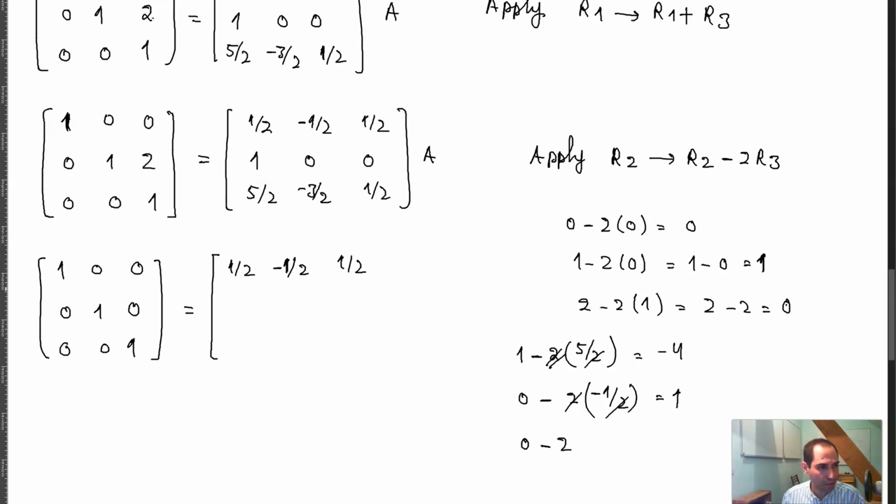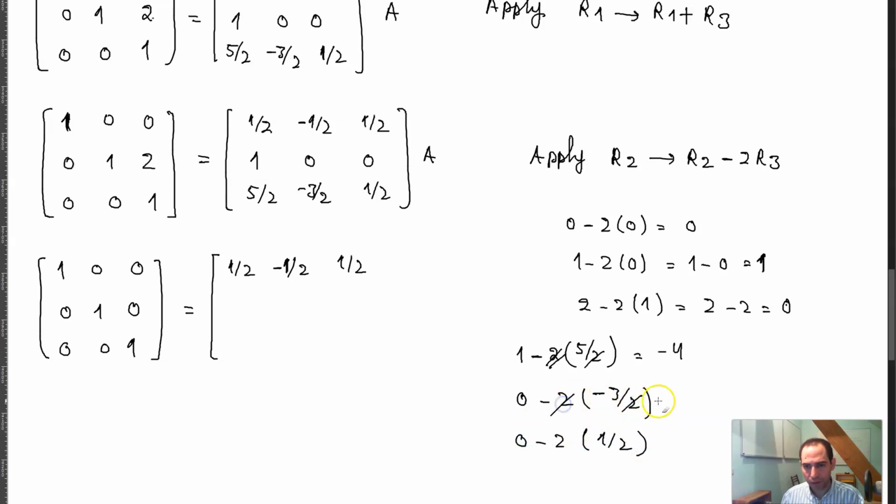I think I did make a mistake here. So over here I have R2 minus 2 times R3, so 1 minus 2 times 5 halves. Then you have 0 minus 2 times negative 3 halves. And then you have 0 minus 2 times 1 half.